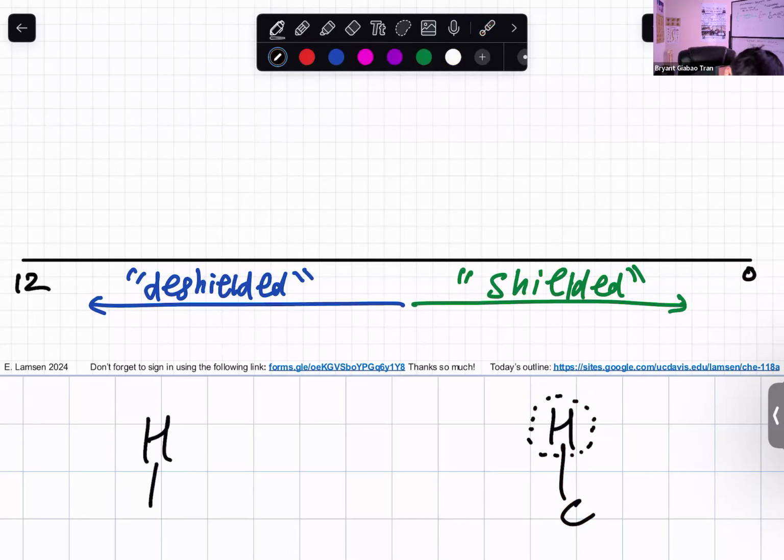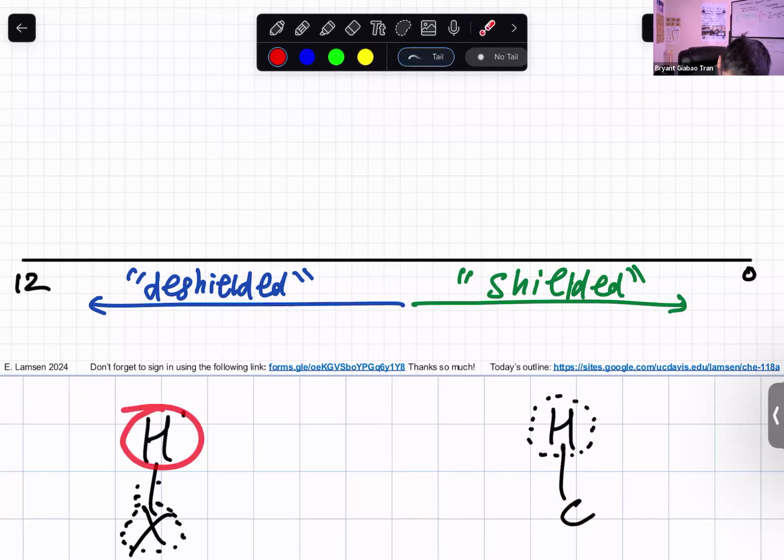But if this hydrogen is attached to an electronegative atom like oxygen, nitrogen, fluorine, bromine, those electrons are pulled toward the electronegative atom, making this hydrogen de-shielded, because the electrons are no longer shielding it. So the HNMR is able to hit the hydrogen and read it, giving it a higher ppm value, which is why anything on the left side is more de-shielded. That's the concept of shielded and de-shielded for HNMR.